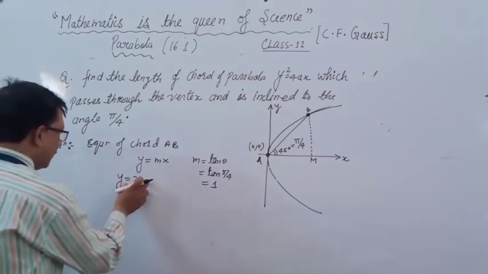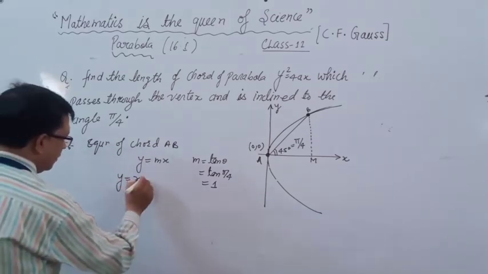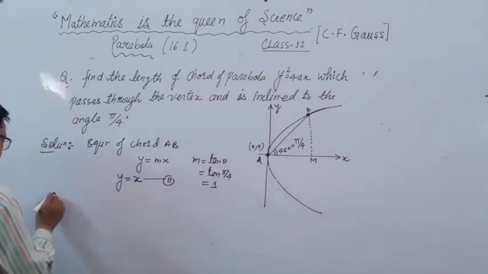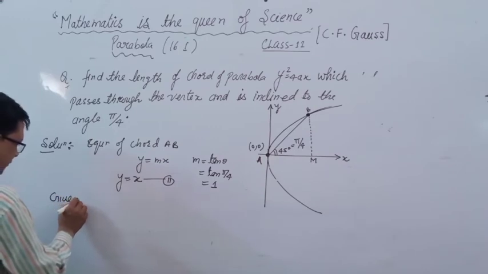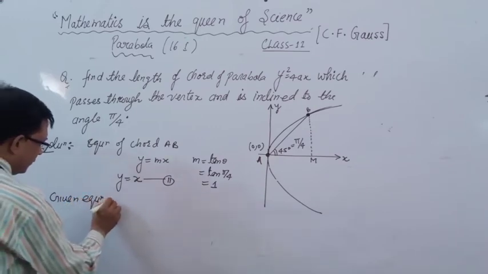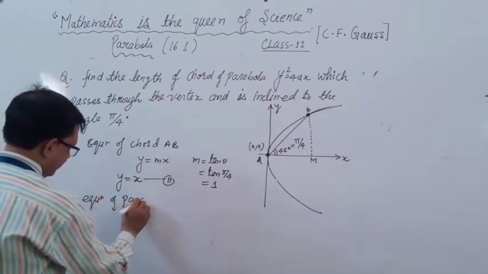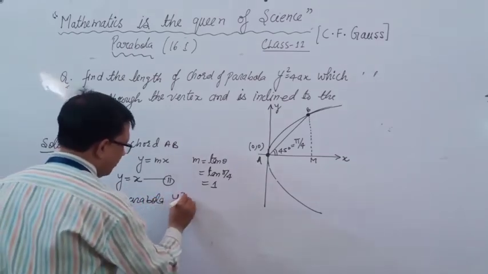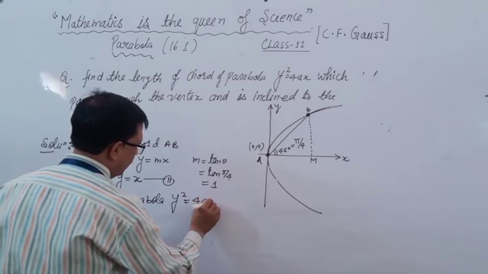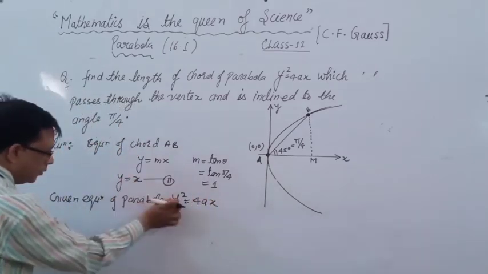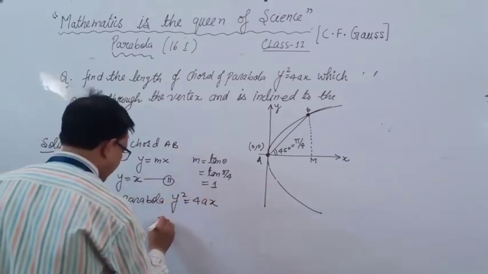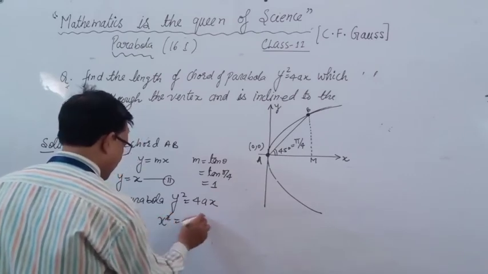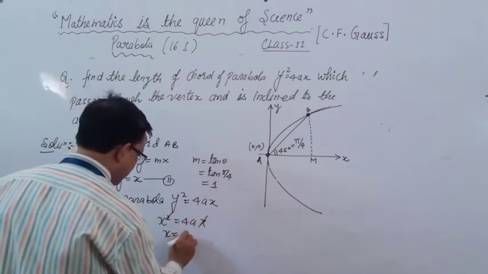Now we square both sides. So this is your second equation, and the given equation of the parabola is y square is equal to 4ax. Now we substitute the value of y square here, so we get x square is equal to 4ax. So cancel out, x is equal to 4a.